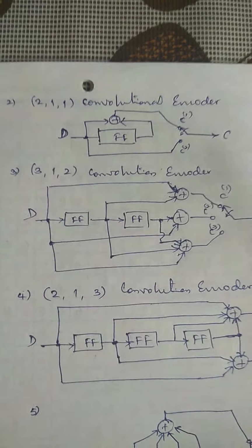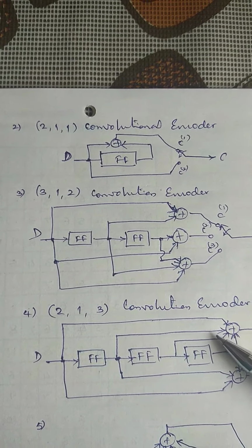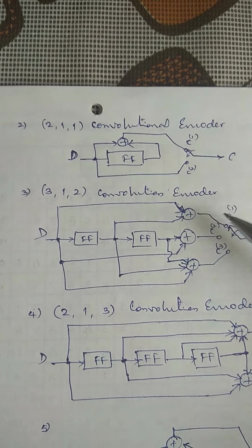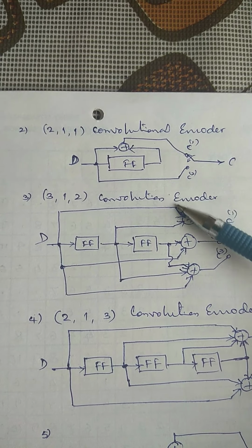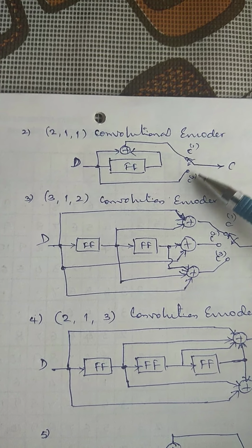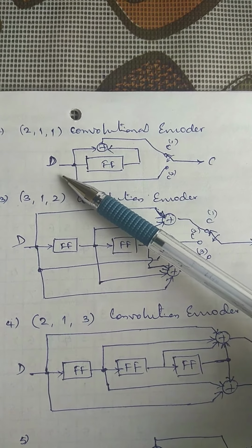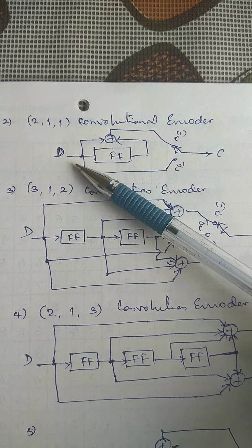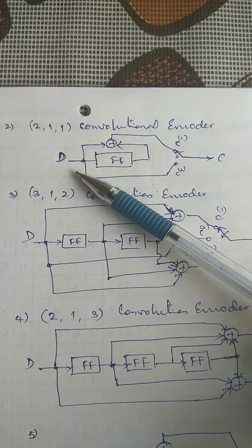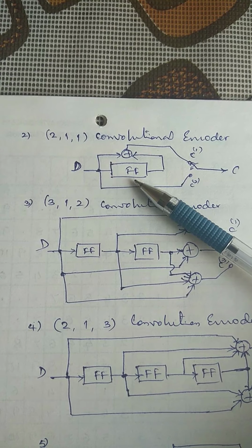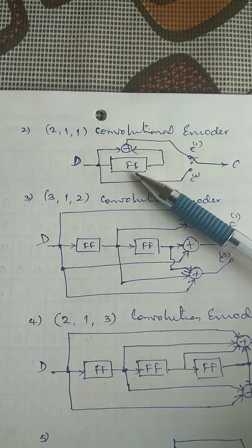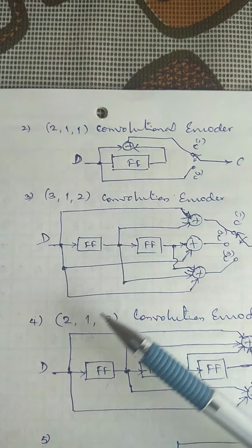More examples: a 2-1-1 encoder, wherein 2 bits are generated per unit time, k equal to 1, only one message bit is inputted per unit time, and there is only one flip-flop, only one memory element, so m equal to 1.